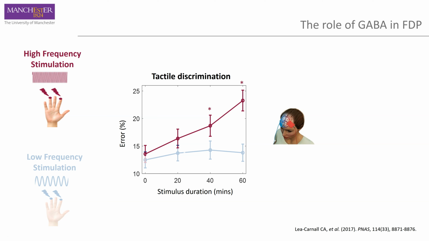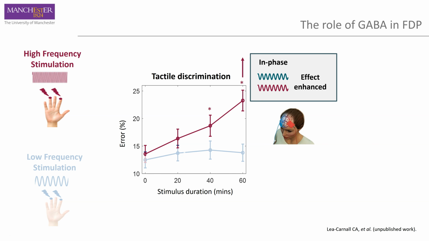The next thing we wanted to do was to see whether we could augment this behavioural effect by applying an oscillating electrical current to the scalp concurrently with the vibrating stimulus to the fingertip. So this time we kept the frequency the same, we just used this high frequency stimulus, but instead we varied the phase of the tACS and the digit stimulation relative to each other.